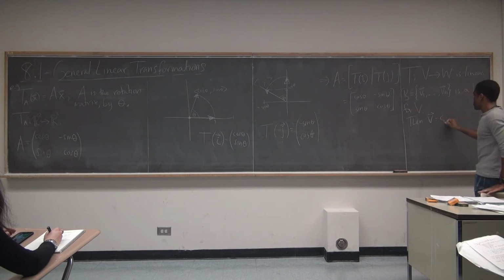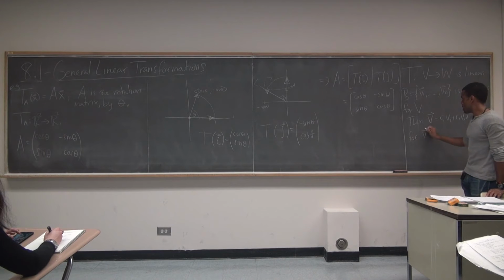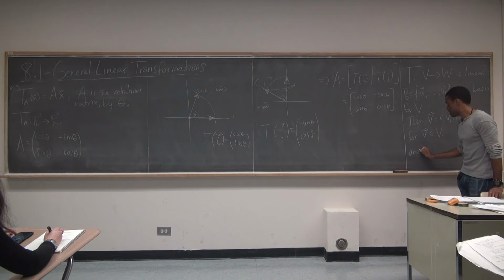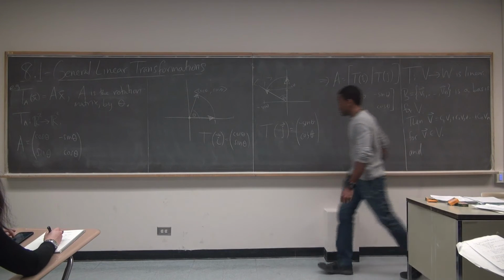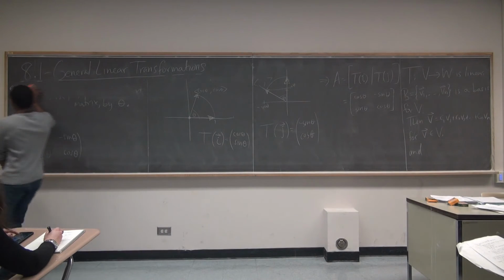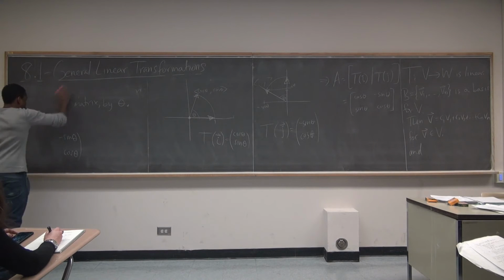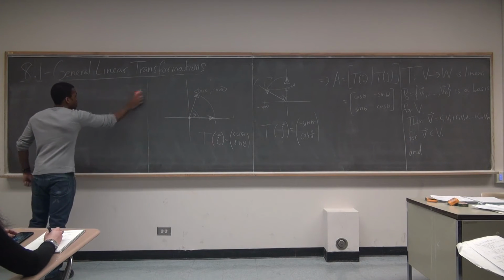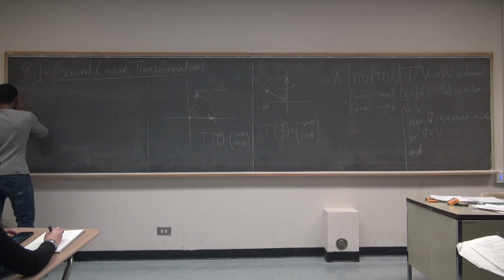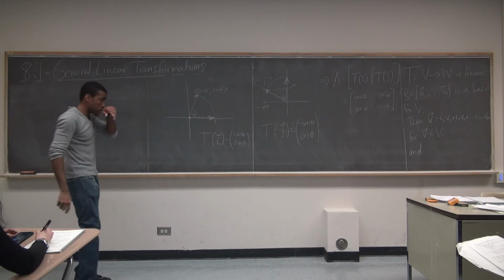Then v we can write as, we know, c1 v1 plus c2 v2 plus dot dot dot cn vn for v in V. And this also means that when we're in our output space, when we're in the codomain, we can also express our output vectors in the same way.